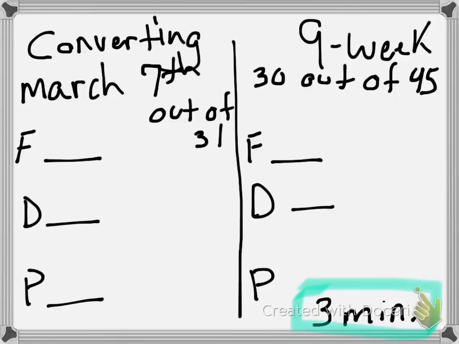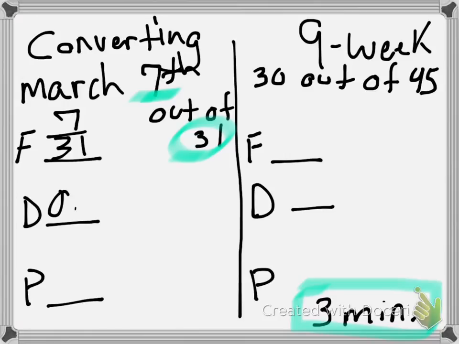Now, for your answer on converting for the month of March, we're always doing what day it is over how many days. So 7 over 31. Now, I get this really, really long decimal.